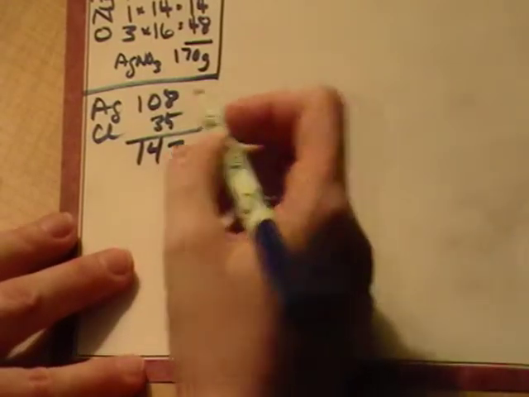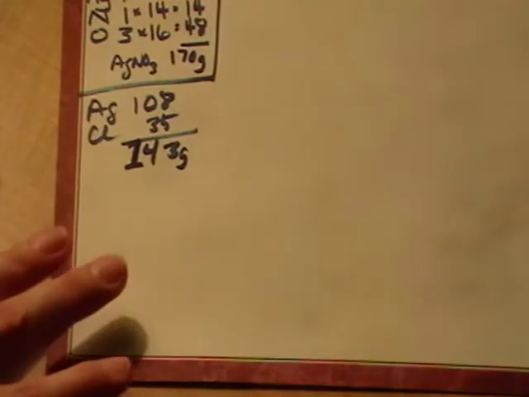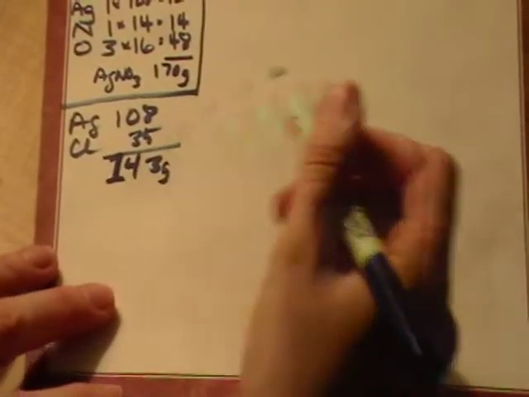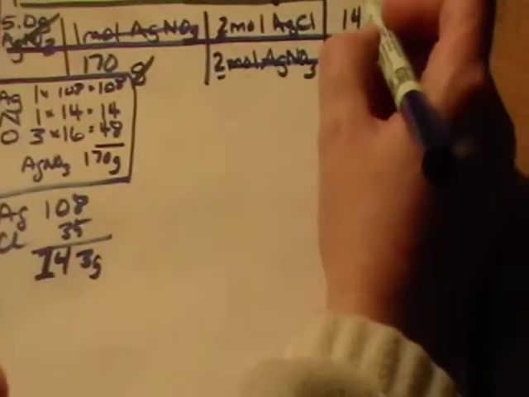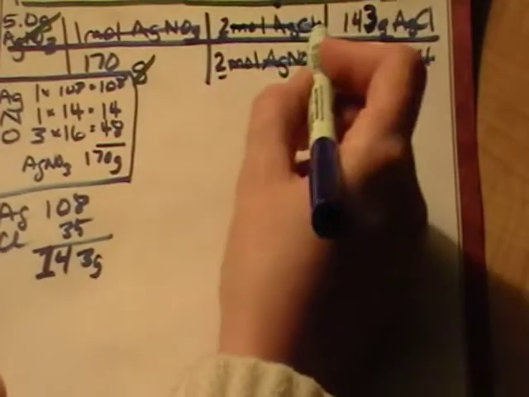I'm going to take that for right now because it's late and I want to get this video out. But I will correct that in the future. Okay, so if I have 143 grams, moles of AgCl, I can get rid of them.